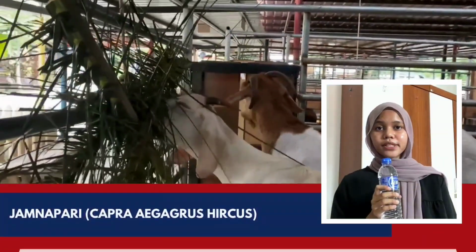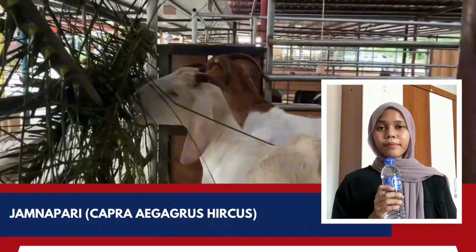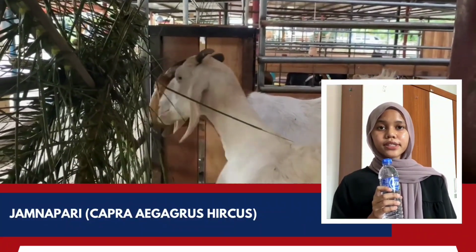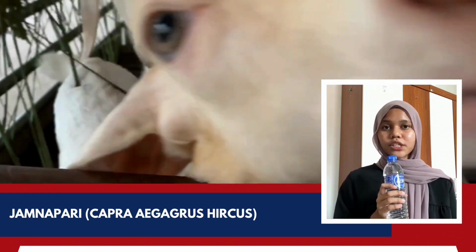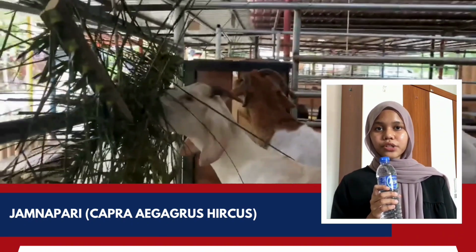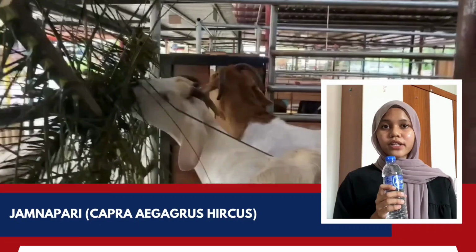Another example is the Jamnapari goat, Capra aegagrus hircus, whose diet includes grasses, leaves, shrubs, and agricultural byproducts like crop residues.